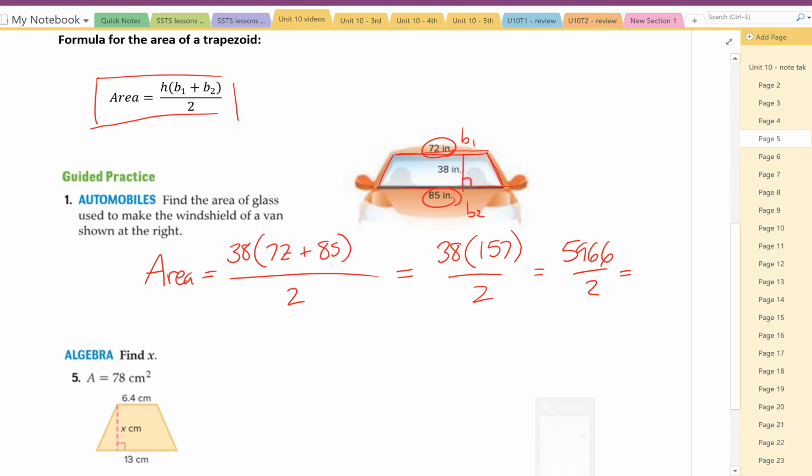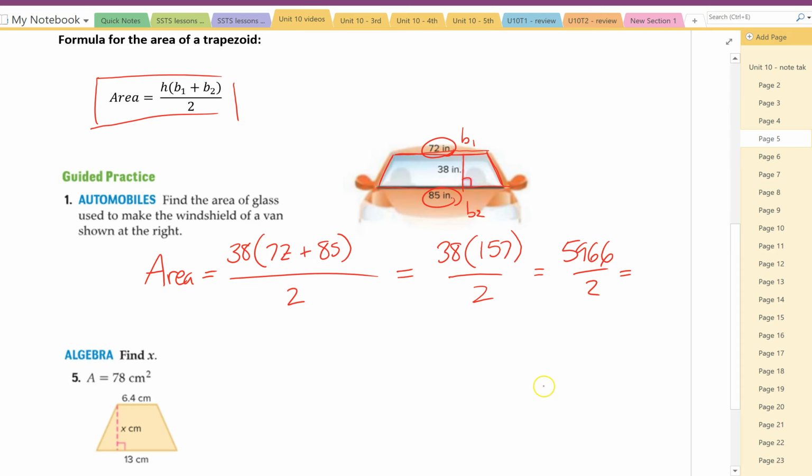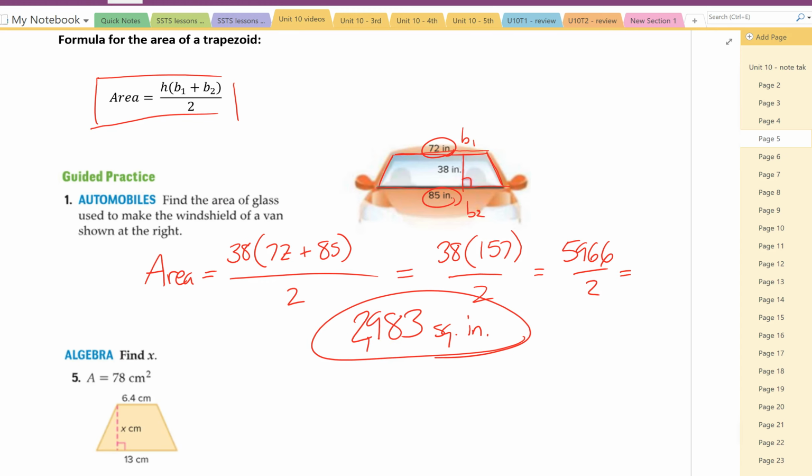So the last step is just divide that by 2. 2,983. So my answer here is 2,983 square inches. That is the area of this windshield. In other words, that's how much glass there is in the windshield of this car.